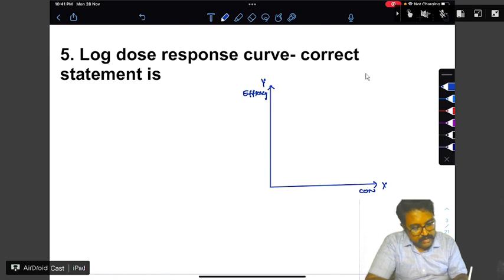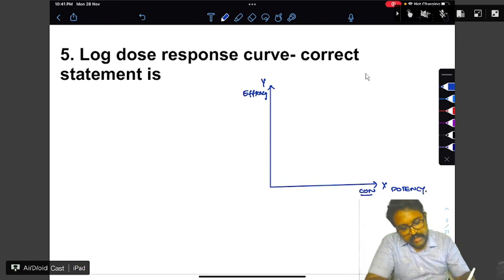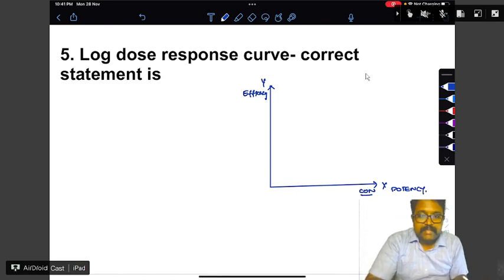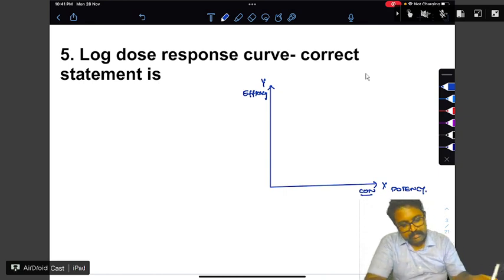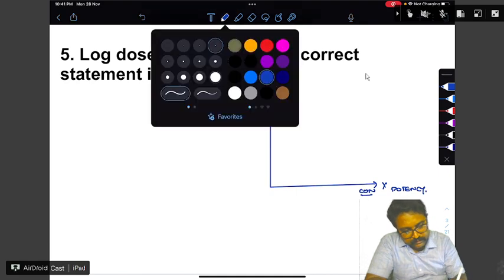Concentration means we are talking about the potency here. The height along the y-axis will tell us about the efficacy, the maximum efficacy.